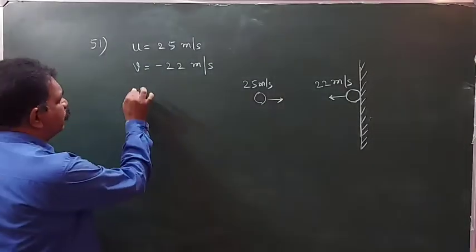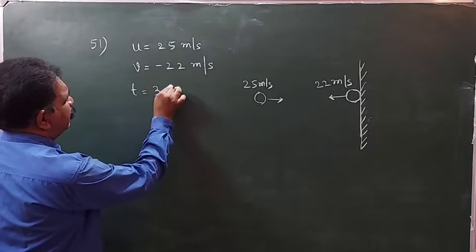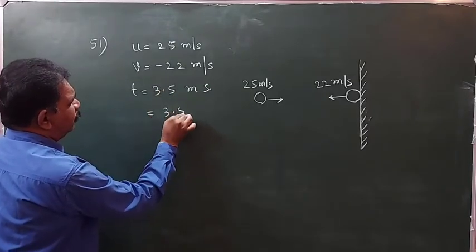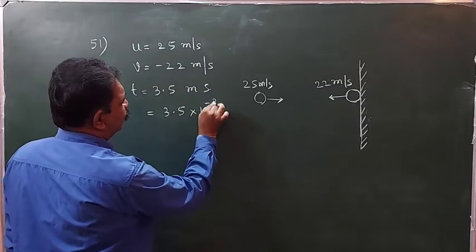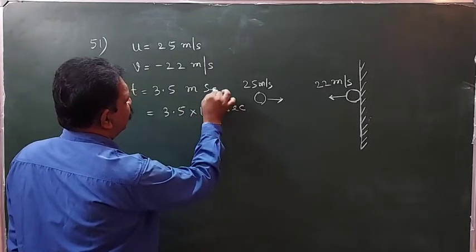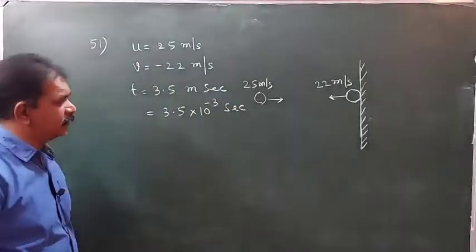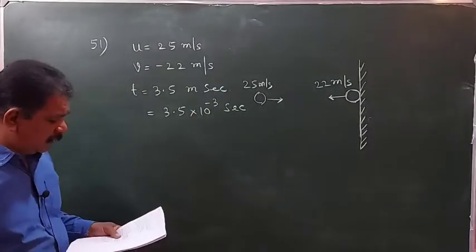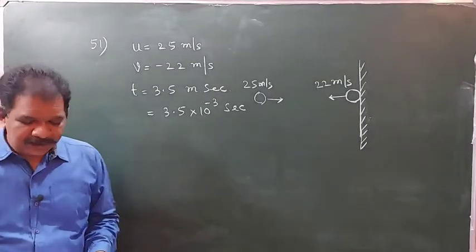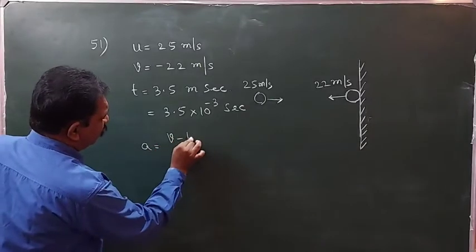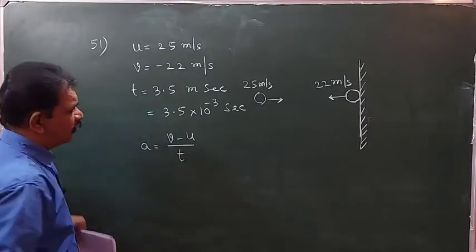Time value is 3.5 millisecond, that is 3.5 into 10 power minus 3 seconds. So what they are asking is the acceleration. a is equal to v minus u by t, the formula.